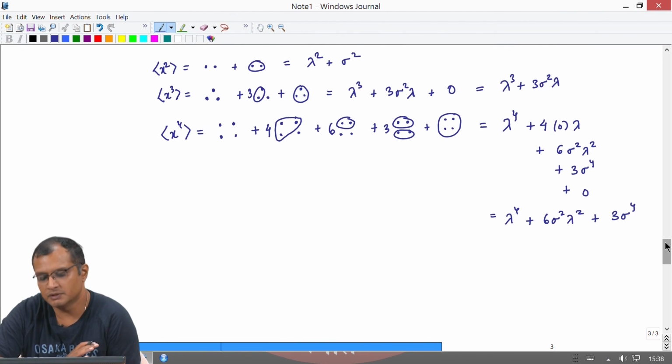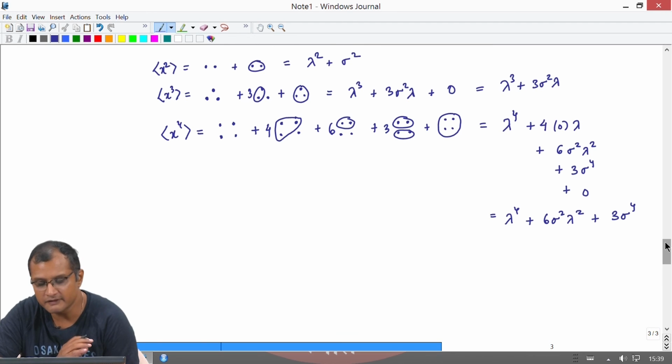This is how you can completely specify the moments and the cumulants of a Gaussian PDF.